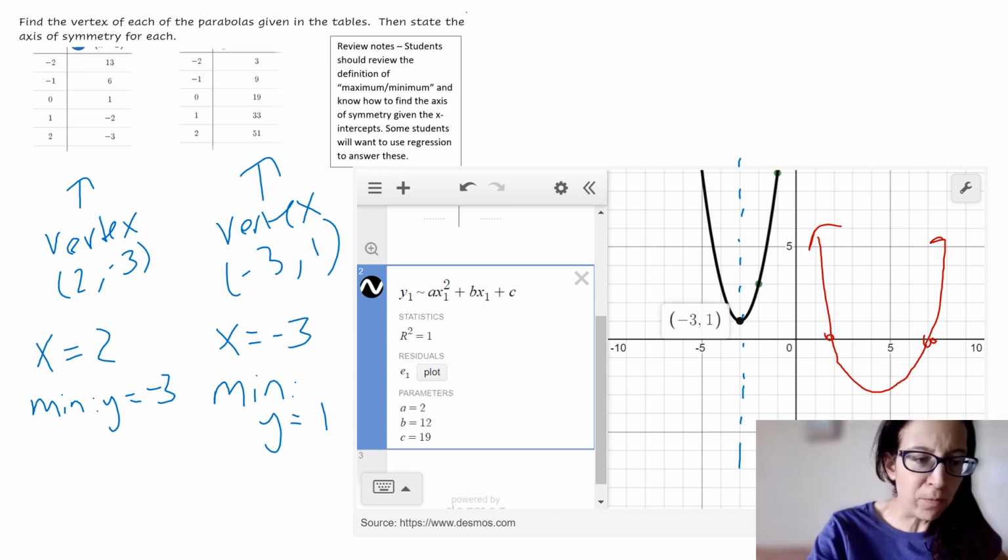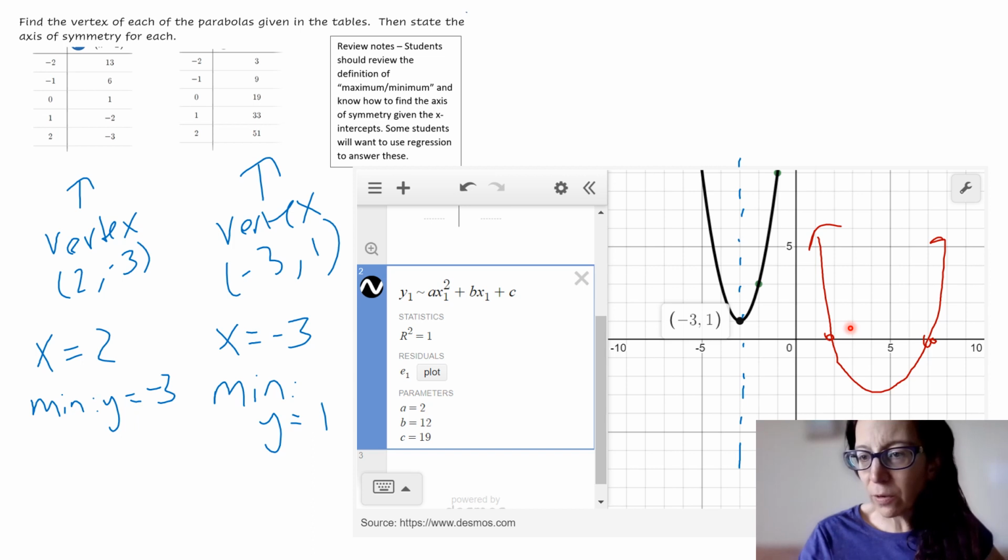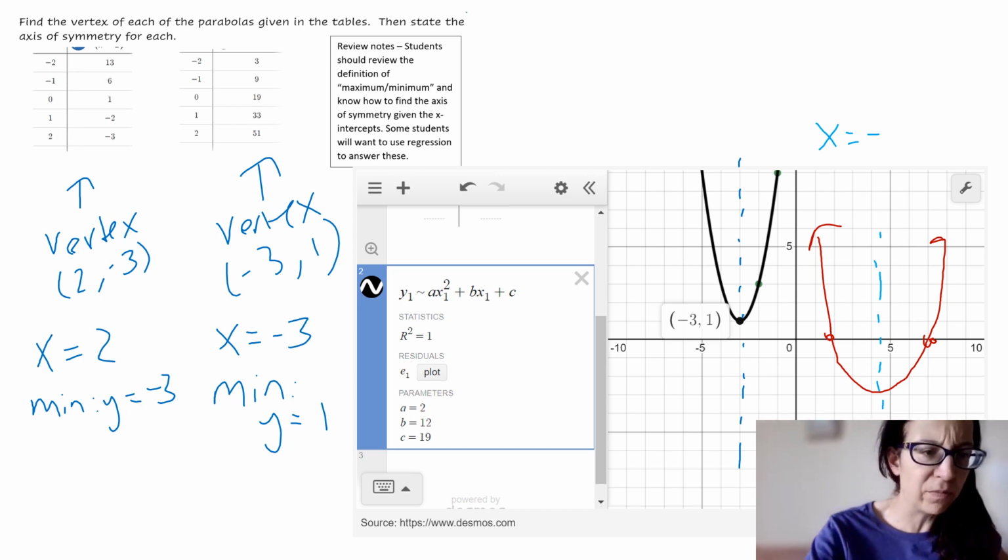And so I would count 1, 2, 3, 4, 5. So I would go halfway, which would be 2.5, which would be right about there.